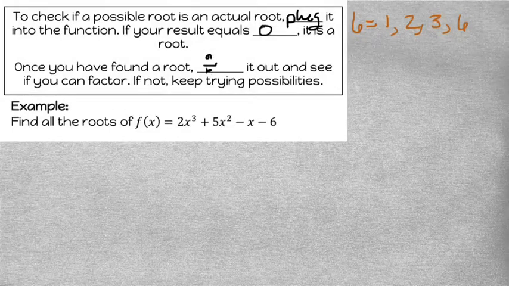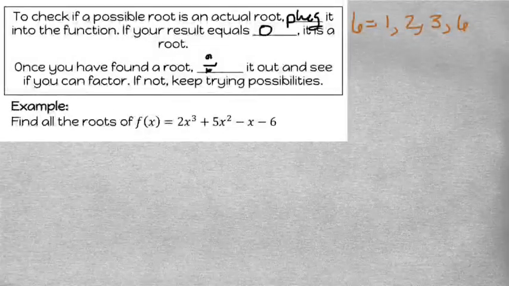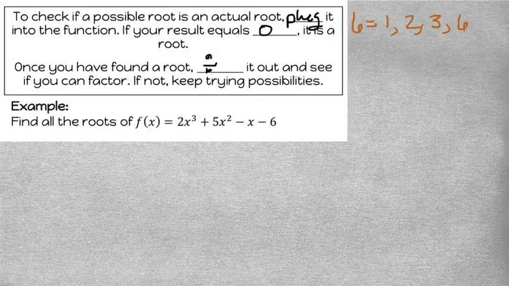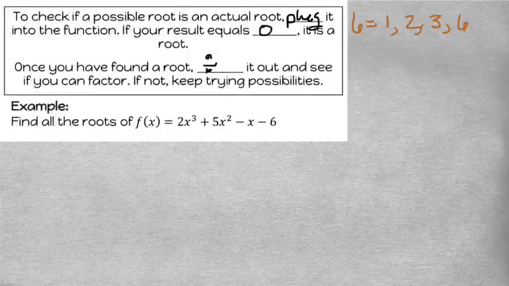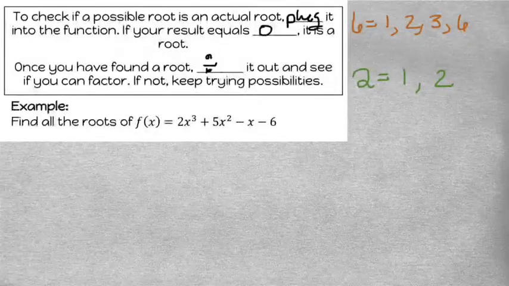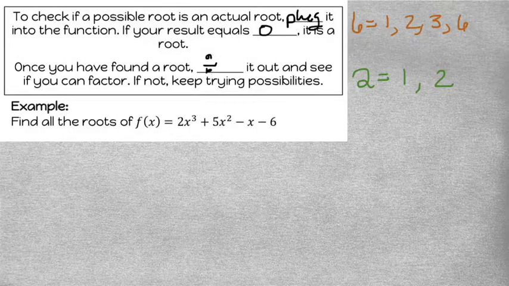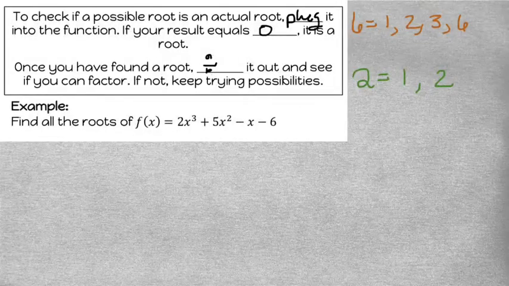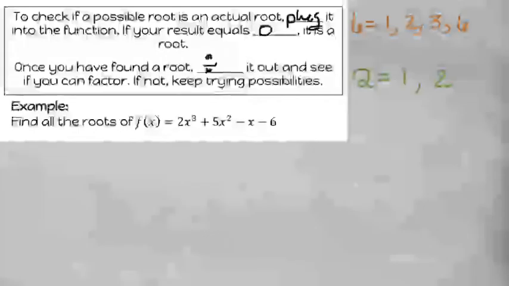Now we're going to find all the factors of the leading coefficient. In this list it was a lot shorter. The leading coefficient was 1 and 2. And it's a lot shorter list to create. You'll find out that we really like it whenever our leading coefficient or our constant is prime. It makes your list a lot smaller and easier to work with.